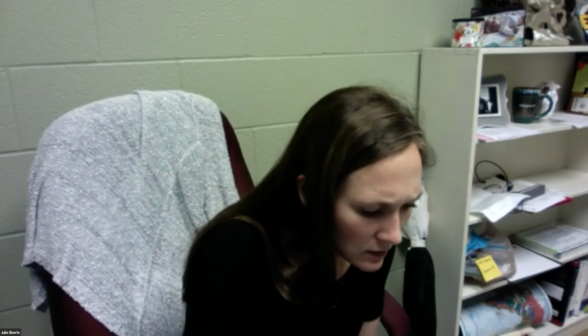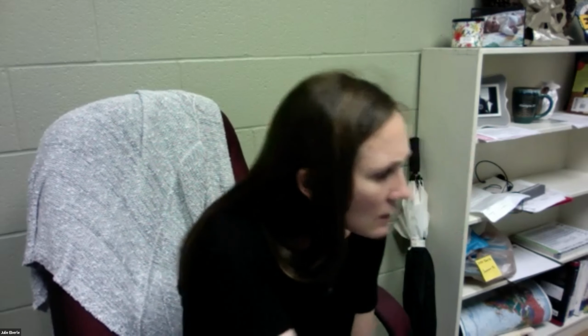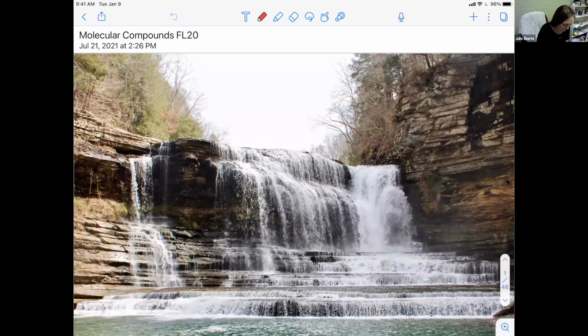Covalent compounds, right? No, molecular compounds. Here it is. Share. Now, hopefully I can screen share. Come on, boom, there it is. Okay. Cameron, I've got to scroll down.